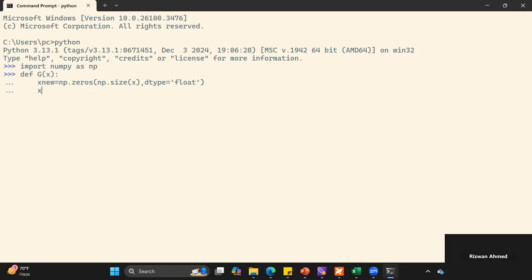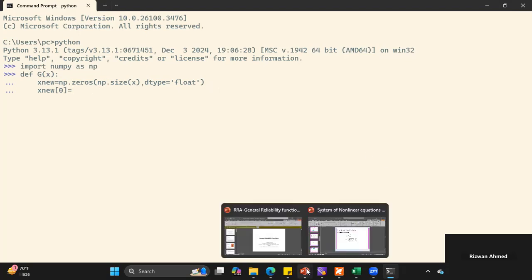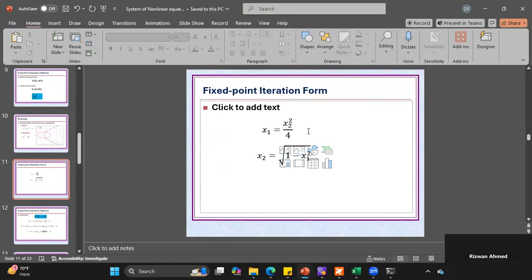And now x new of 0, because our indices are 0 and 1, should be x2 squared by 4. Yes, x2 squared by 4.